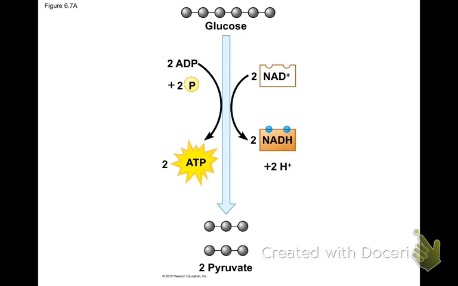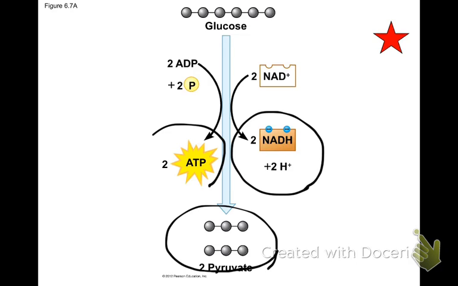So if you have a compound that is glucose, it has got 6 carbons, it is going through a series of steps. This is what I get out of the whole process: 2 pyruvate molecules, which is 3 carbons each, 2 NADH and 2 H plus, and 2 ATP.